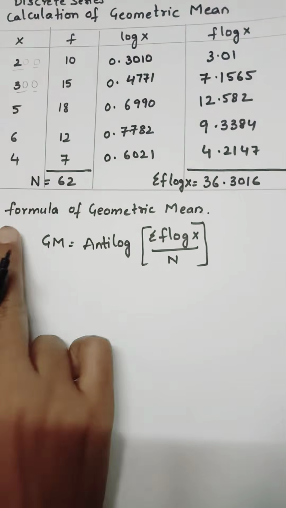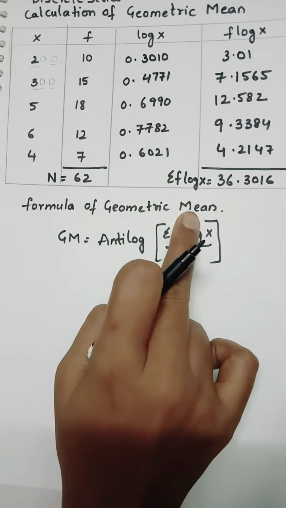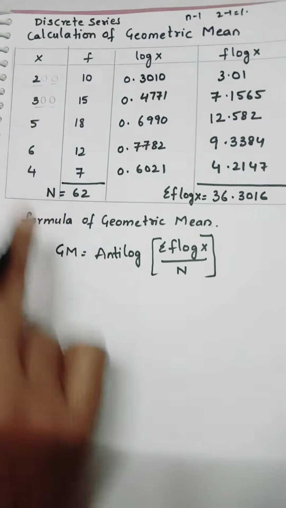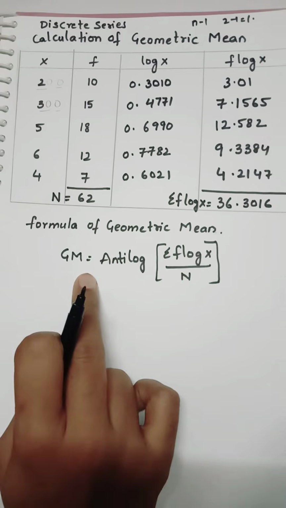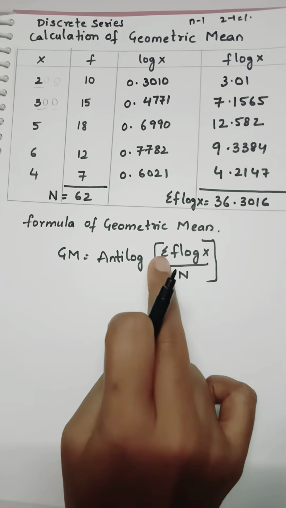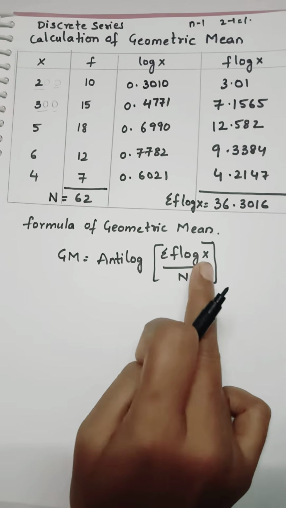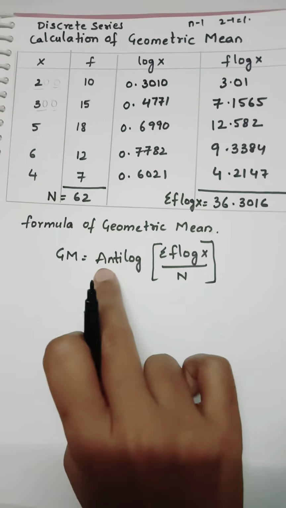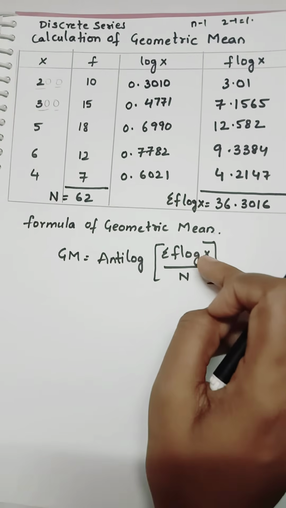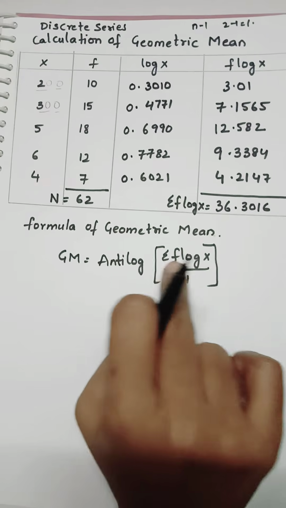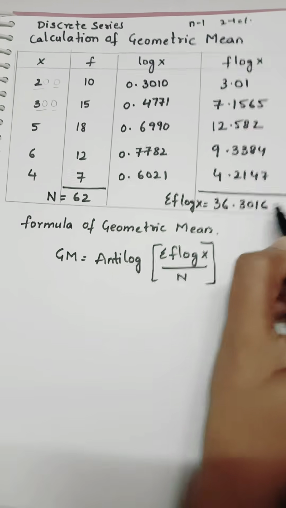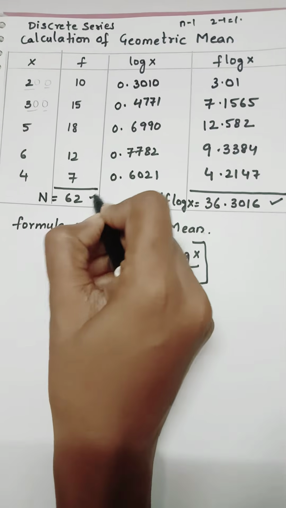Now coming to the formula. The formula of geometric mean of discrete series is: geometric mean is equal to antilog of summation f log x divided by n. Summation f log x value is this value and n value is this value.